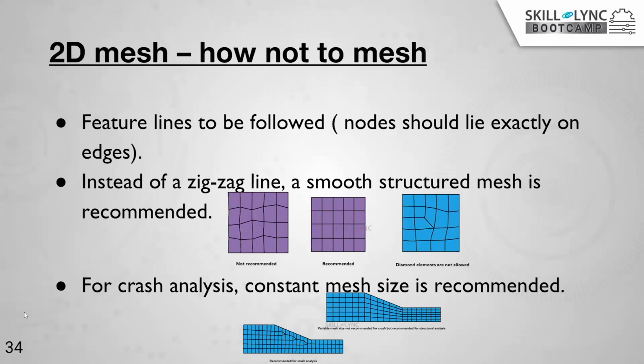Now for crash analysis, that is explicit analysis, which I talked about in the beginning. Out of these two, this element might seem to be good for you, but actually this is not recommended. Why? Because the minimum time step required for solving the analysis in explicit is determined by the length of the smallest element.